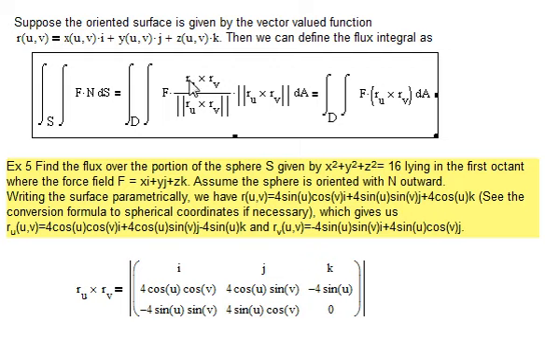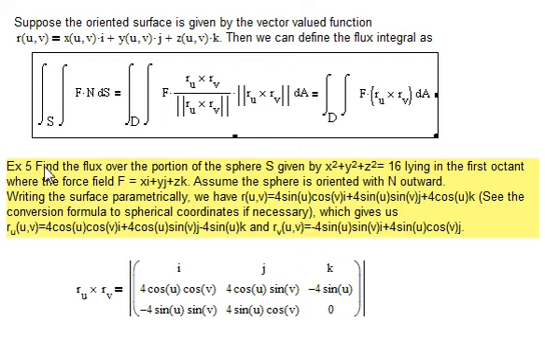So it's really just F dot this vector here dA, and that's what we wind up with over the region D, the shadow of this in the uv plane.